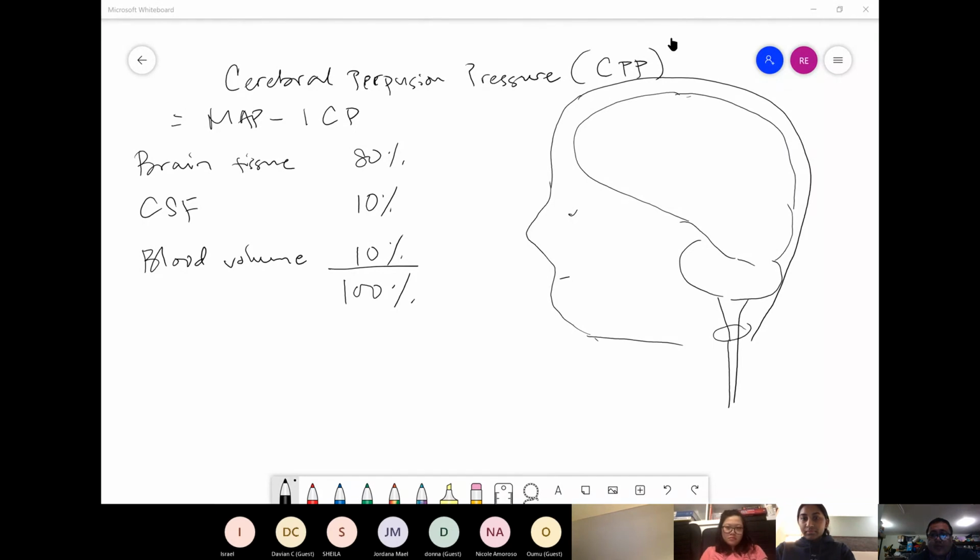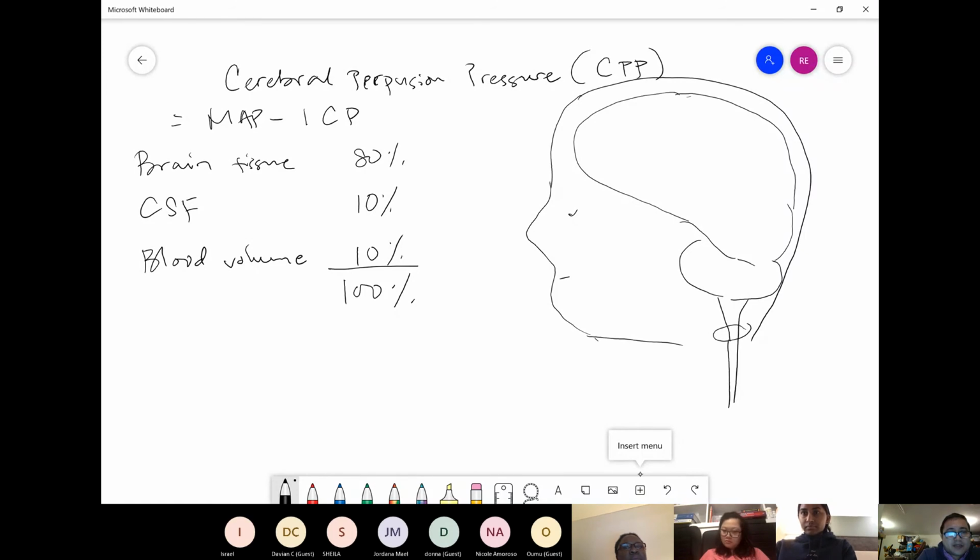Is there room for a brain tumor? No. Is there room for bleeding in there? Say, let's put a hematoma in there. Is there room? No vacancy. It's already 100%.